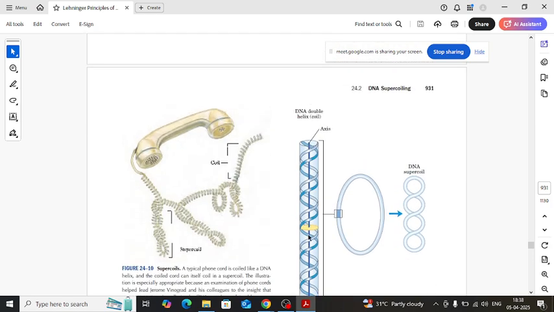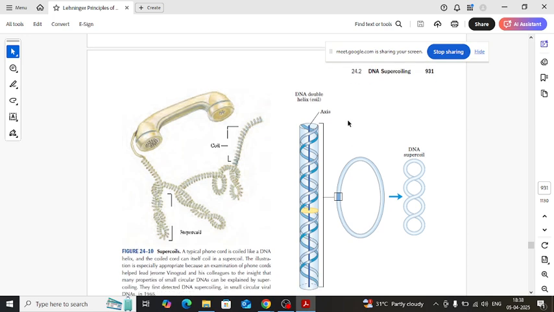If you compare it with this telephone wire, and you look at this telephone wire properly, then this portion is called coiling, which is the case for a linear DNA that is not supercoiled.